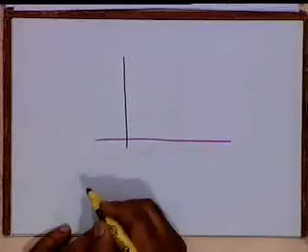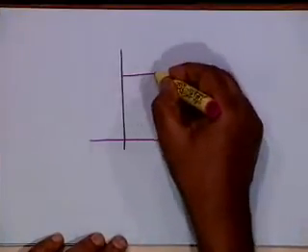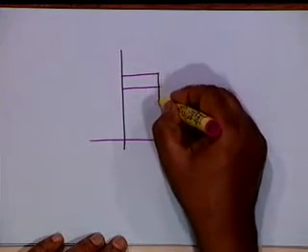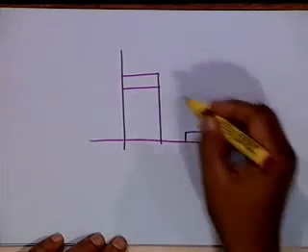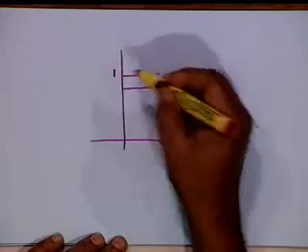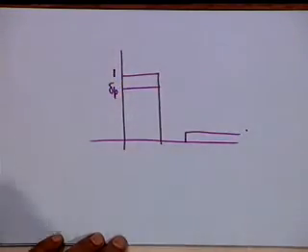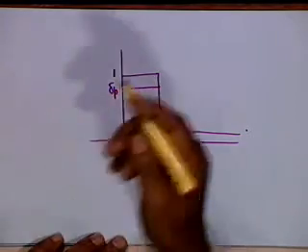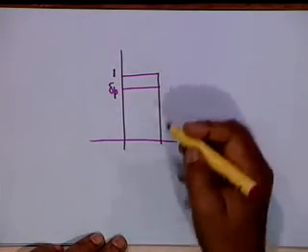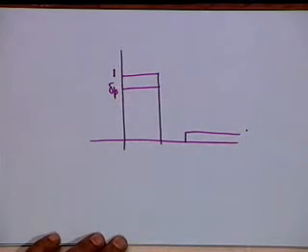Now, this is a situation where omega c was specified. In general, omega c shall not be specified. What shall be specified is 1 minus delta p. Let us call this delta p.